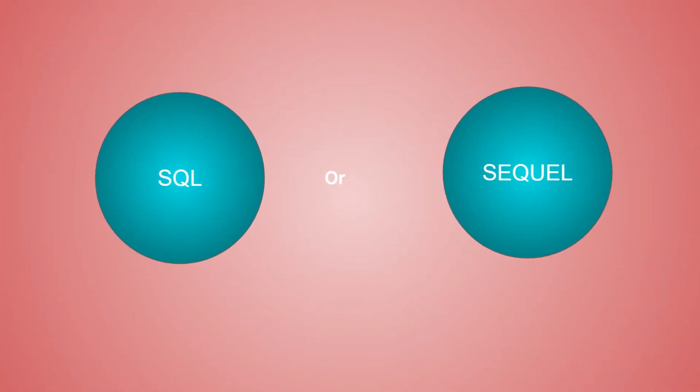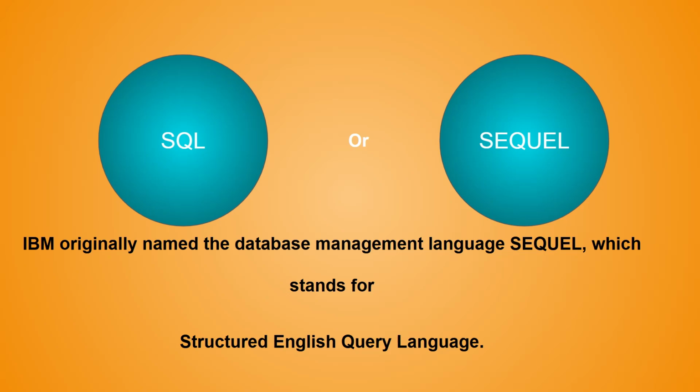Before that, let's understand what is the right way to pronounce SQL, or is it "sequel"? Let me give you a bit of history. IBM originally named the database management language SEQUEL, which stands for Structured English Query Language.